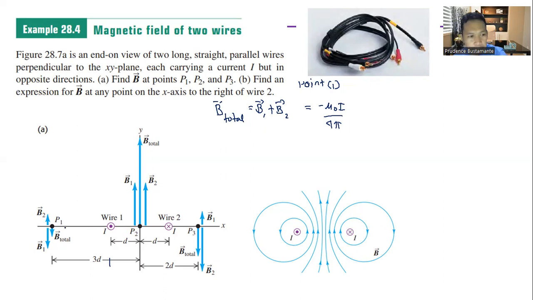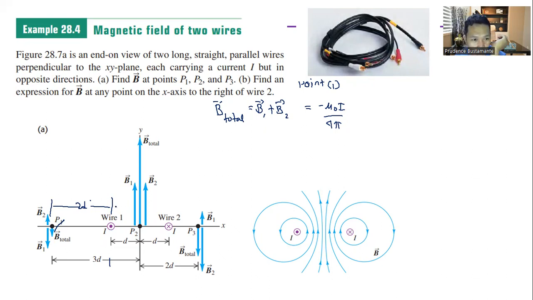So at P1, point one, we have a distance 2D. At point one, we have a distance 2D from wire one. Where's wire one? This distance here from here is 2D from wire one, and from wire two is 4D.